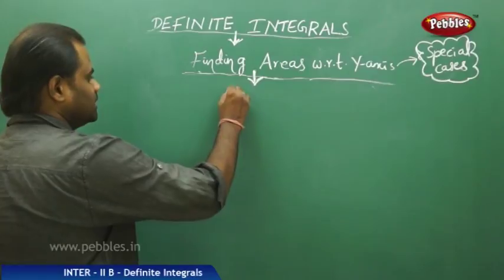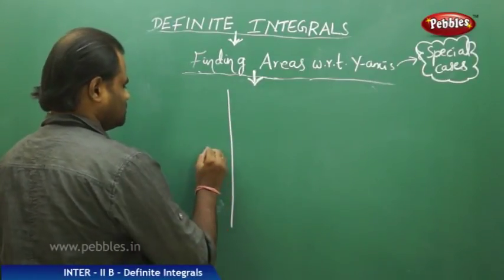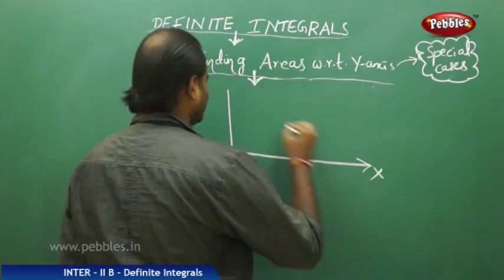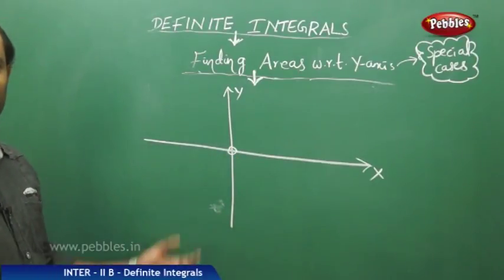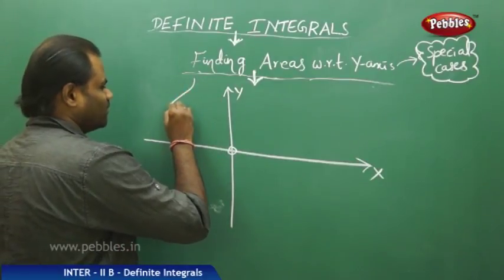Next, let's see the next case, where we have the x-axis, y-axis and origin. Let's see what happens if the curve is somewhere here.